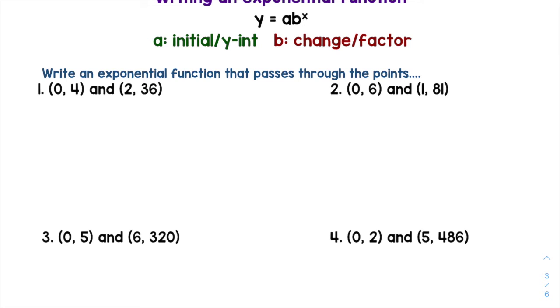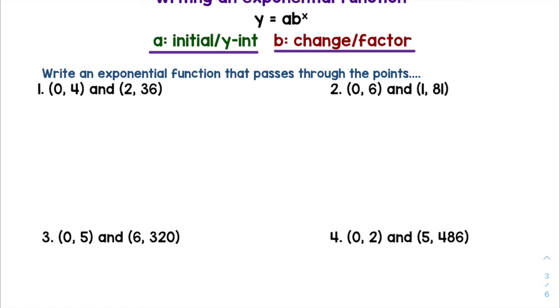Our last page for our lesson today is writing an exponential function, in which they will be in the form y equals ab to the x power, where a is our initial value, or y-intercept, and b is the change, or our change factor of the exponential function, whether it is increasing or decreasing.